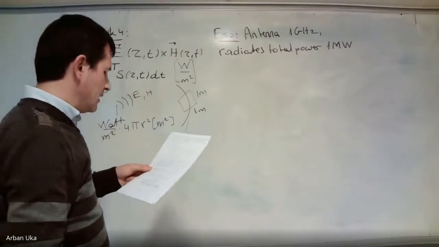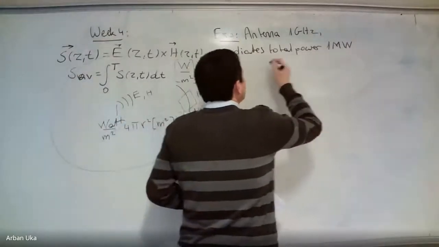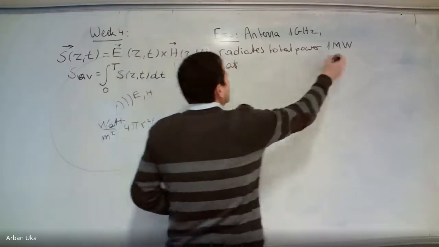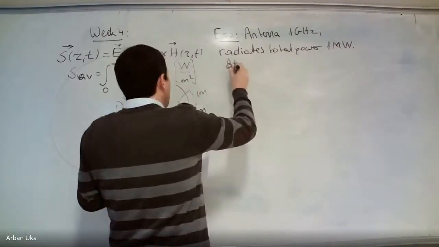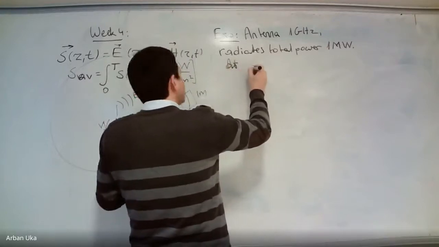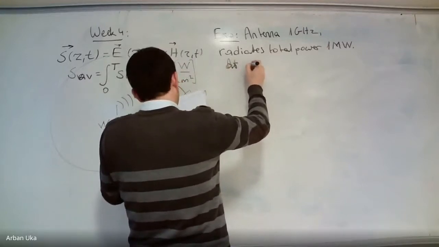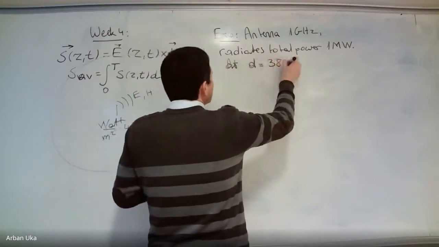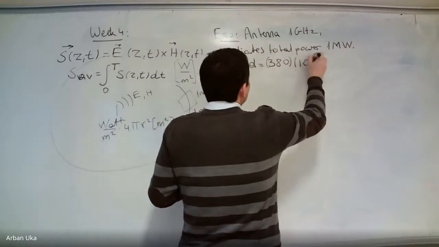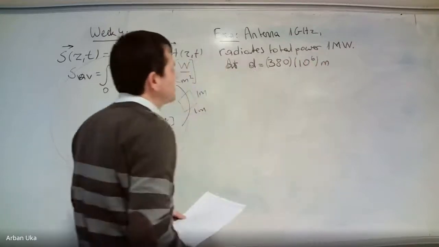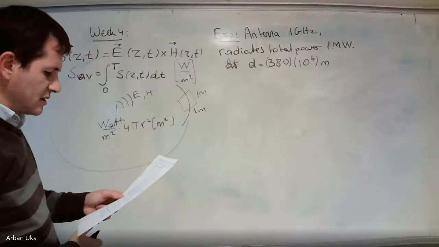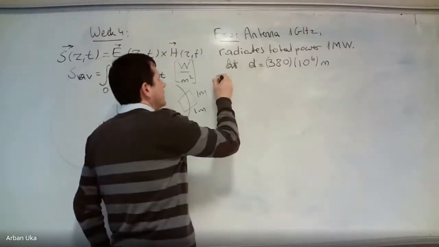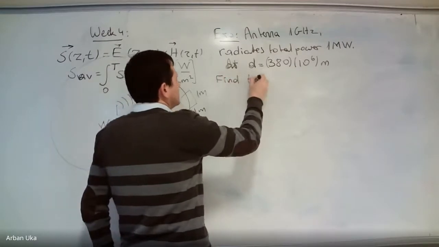And now let's say at a distance which is expressed as 380 times 10 to the power 6 meters, so this is a very long faraway distance, let's find the time average power density.